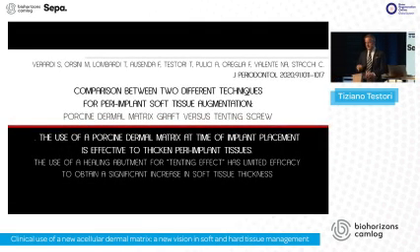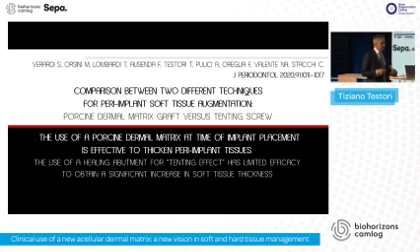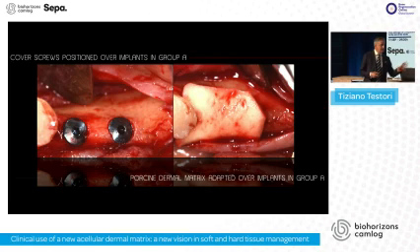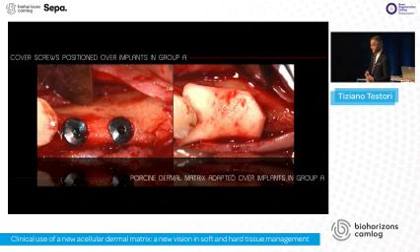Then, with another group from the University of Trieste, we combined two different techniques for soft tissue augmentation using another matrix on the market, one placed over the implants, as you can see from the clinical picture here in one of the publications.